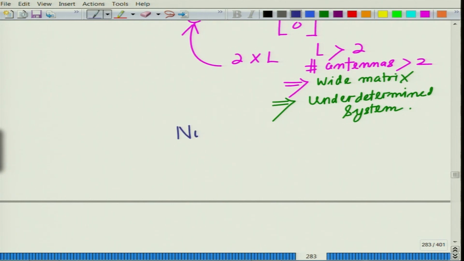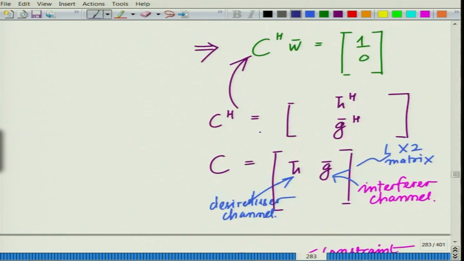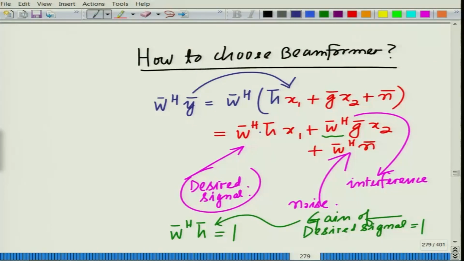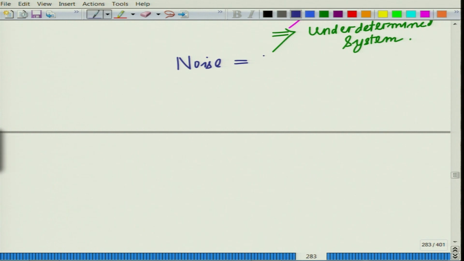If you look at the output noise power, recall the noise is W bar Hermitian N bar, and it turns out that the noise power is proportional to norm of W bar square.